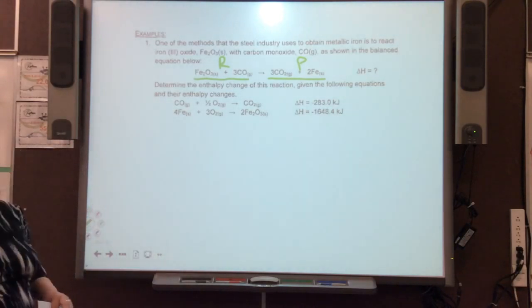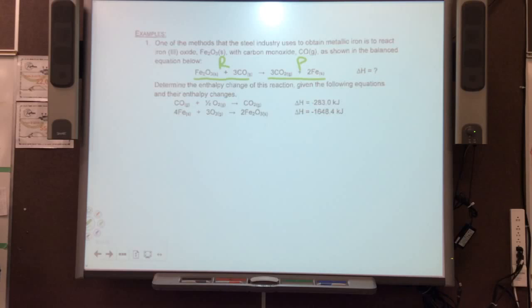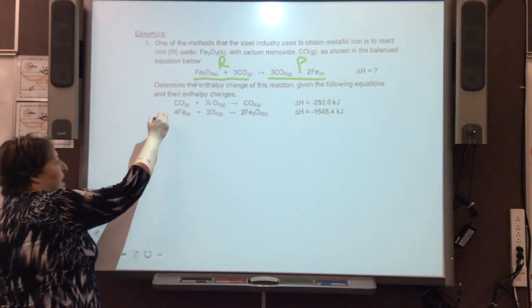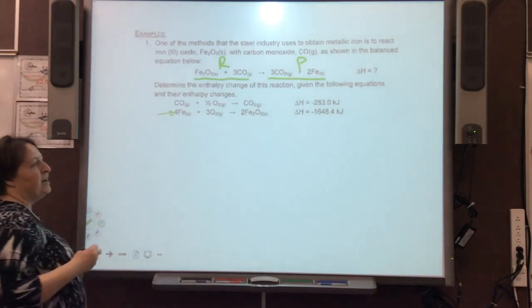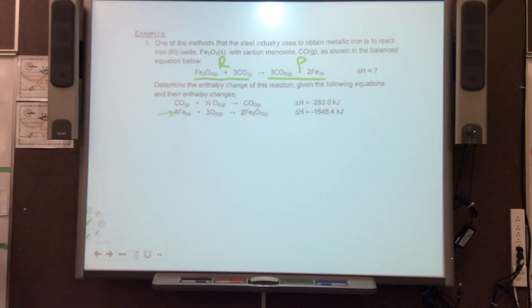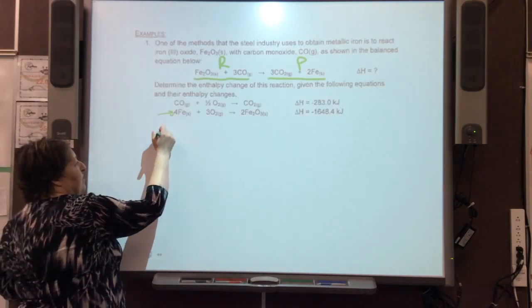So what side is iron 2 oxide in on our balanced equation? On the reactant side or the product side? On the reactant side. This reaction here, where is iron 2 oxide located? On the product side. So we're going to reverse this reaction.